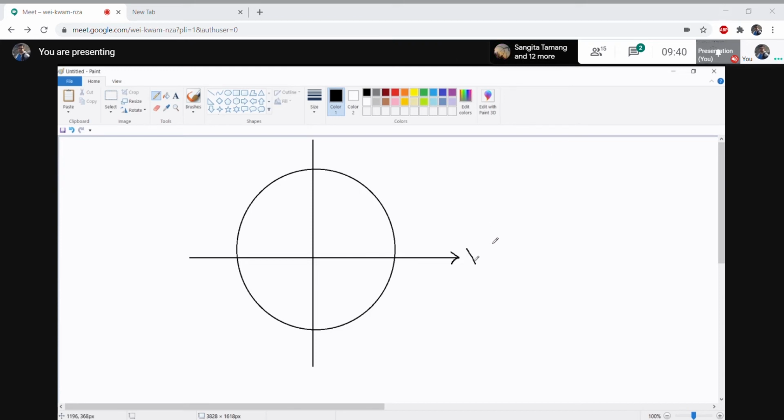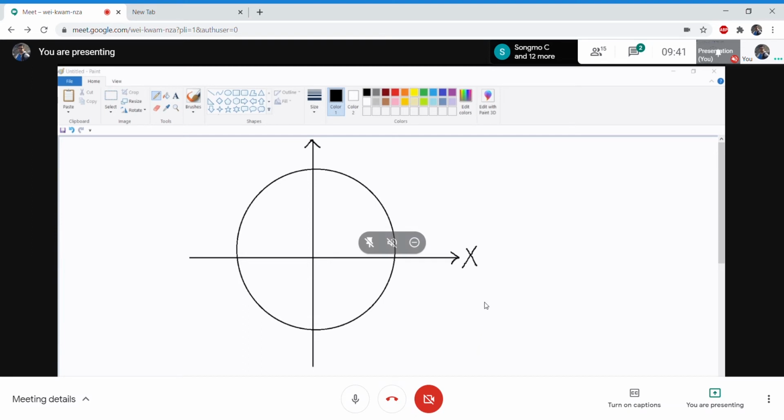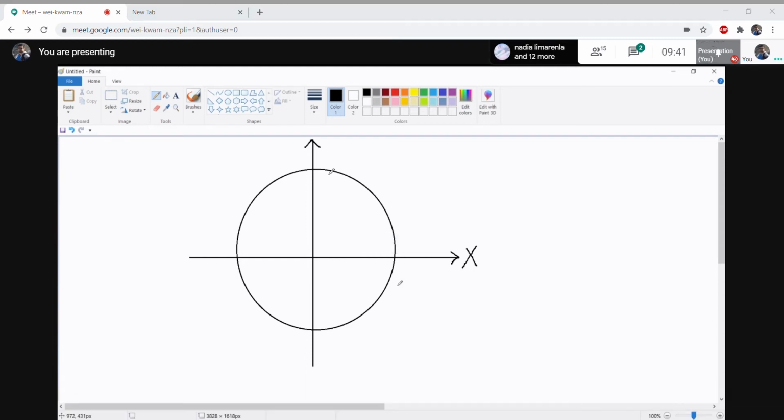Okay, this is the x-axis. This is the y-axis. This is y, right? This is x dash. This is y dash, right?